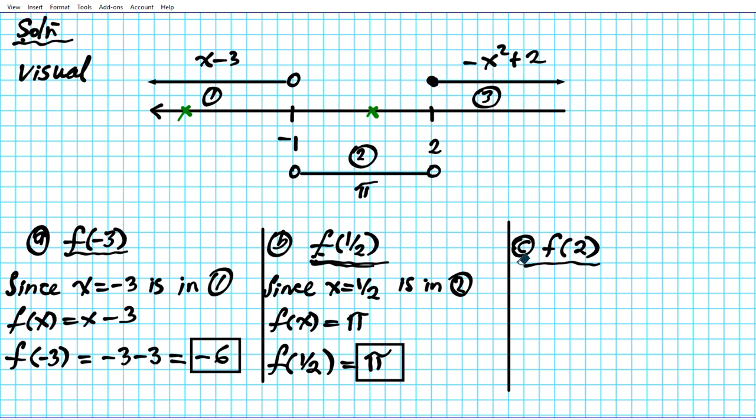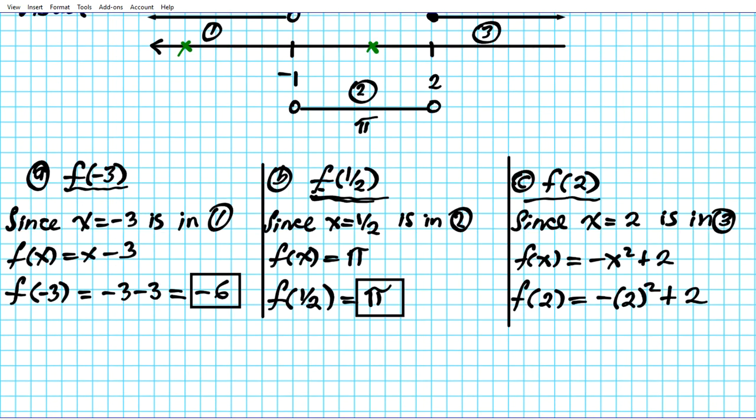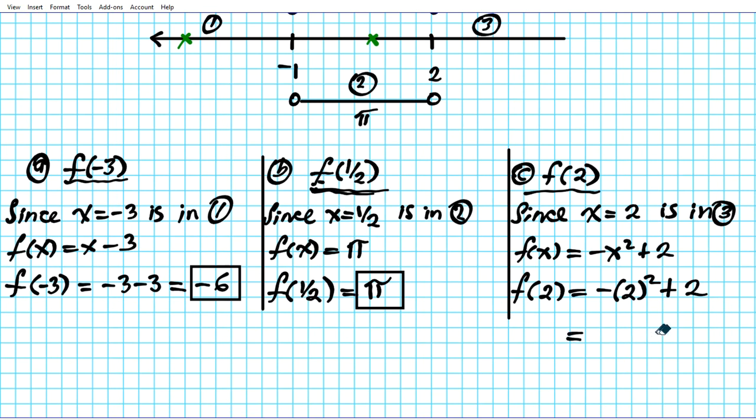So since x equal to 2 is in interval 3, because that's the interval that claims the endpoint, the function is going to attain the value negative x squared plus 2. So let's go ahead and evaluate the function at 2. So we have negative 2 squared plus 2. And then if you simplify using the order of operations, you have negative 4 plus 2, which is equal to negative 2. And that, ladies and gentlemen, is your final answer.